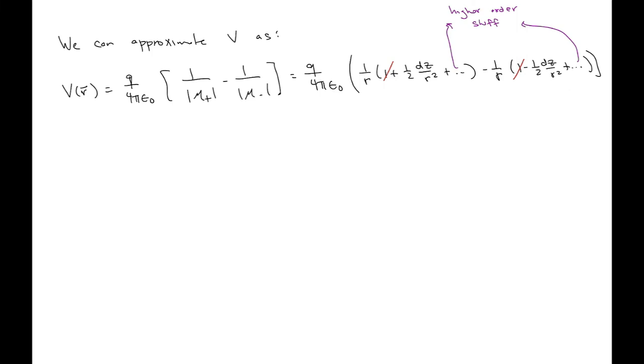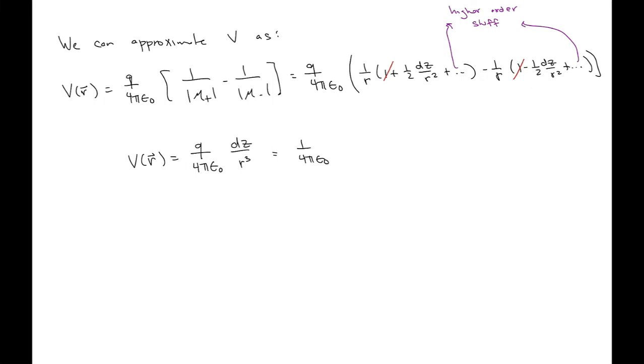And that's going to give our approximate potential to be Q over 4 pi epsilon naught times dz over r to the third, when we distribute out this 1 over r over here, and then we've got two halves we're going to add together. I can rearrange this a little bit, and I'm going to say that's 1 over 4 pi epsilon naught.